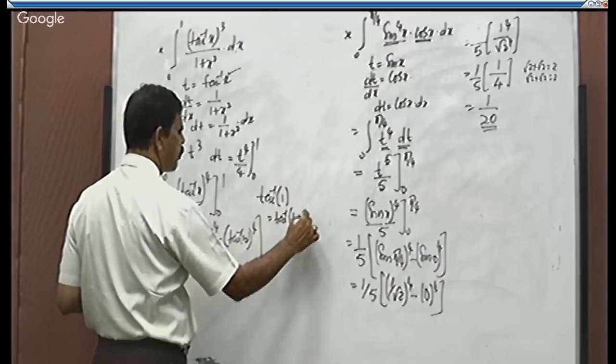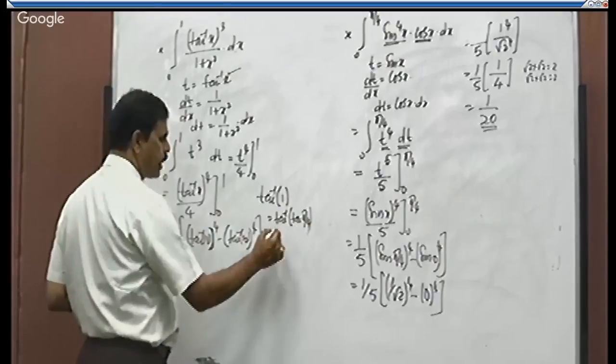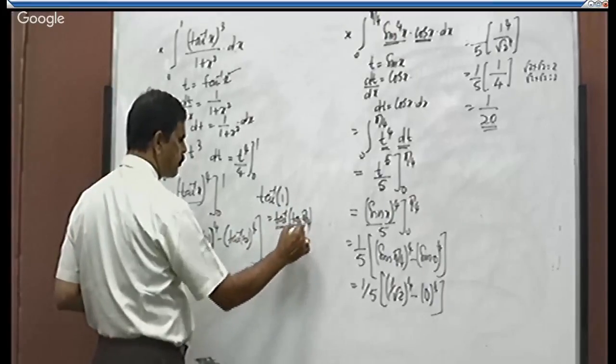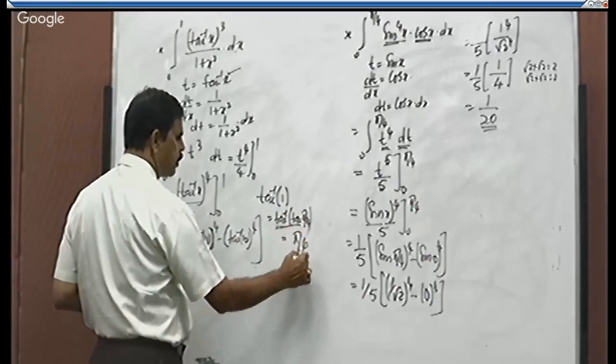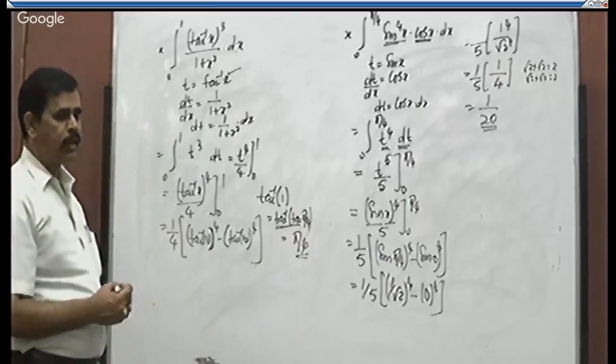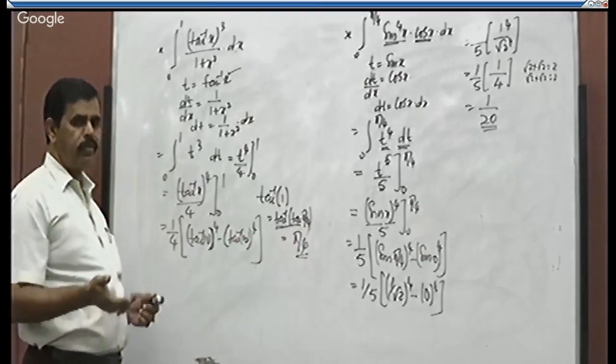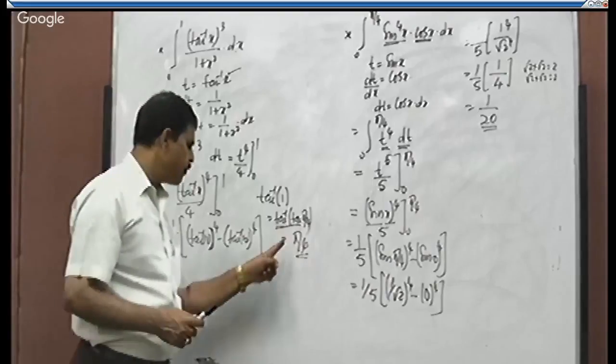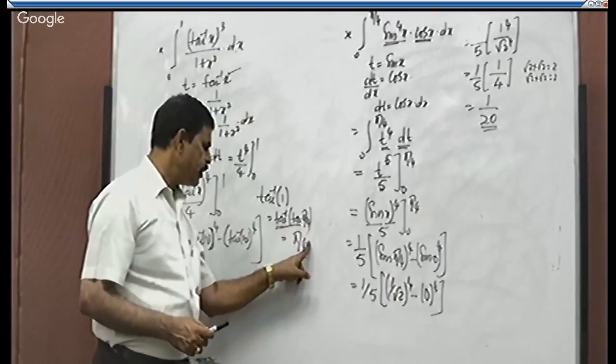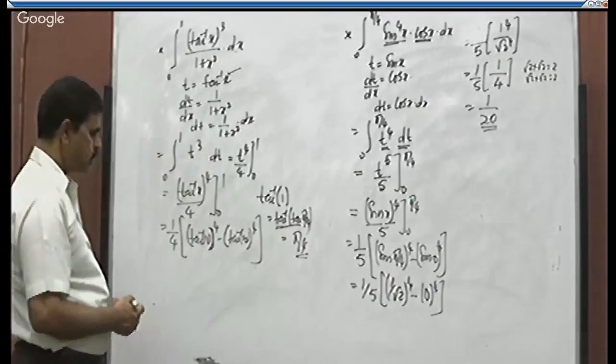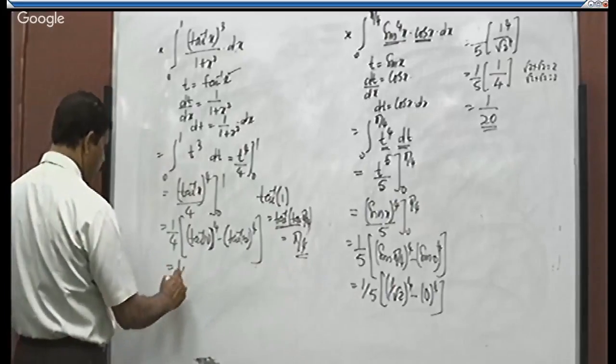Tan pi by 4, tan 45. So tan inverse of tan cancels. According to the property, tan inverse of tan theta is equal to theta. Therefore, we have to write only pi divided by 4. So this is what? 1 by 4.